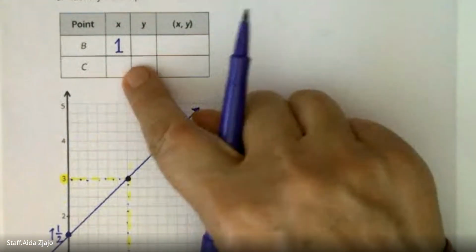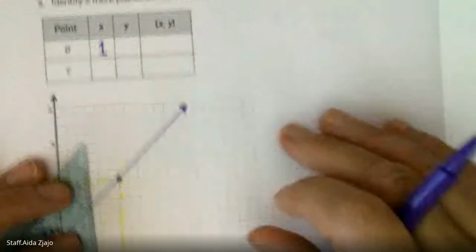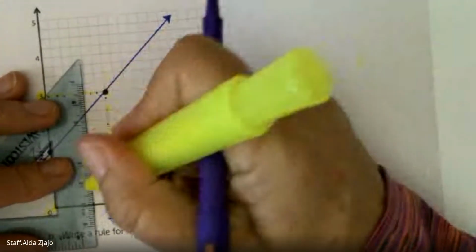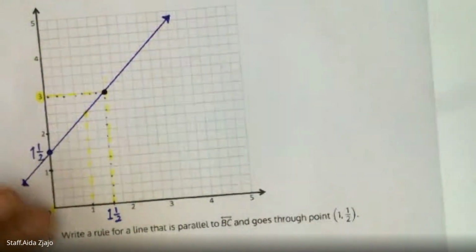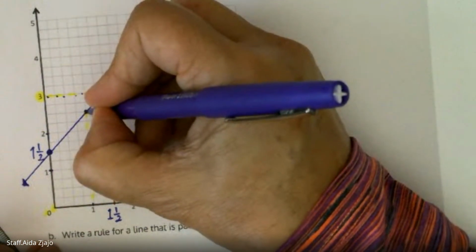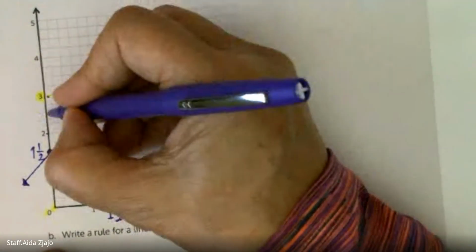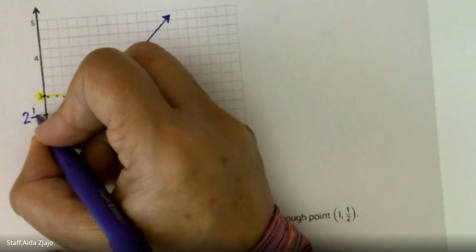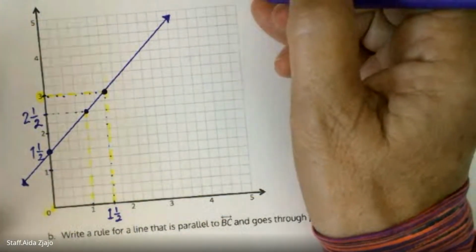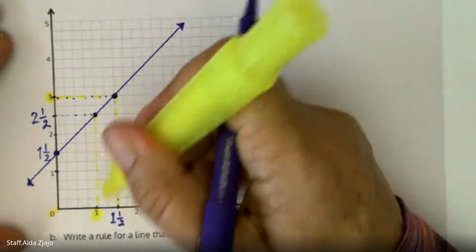Then if I go up, I can find the point that crosses on the line right there. So my y is right here, in between 2 and 3, and there is a half, so it would be 2.5. So if x is 1, the y is 2.5.